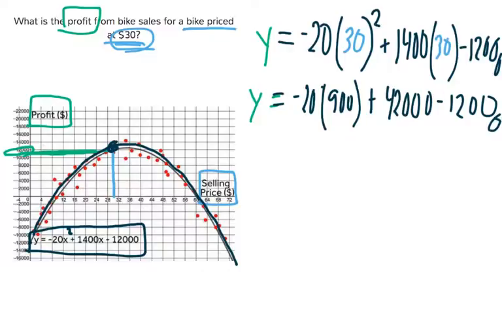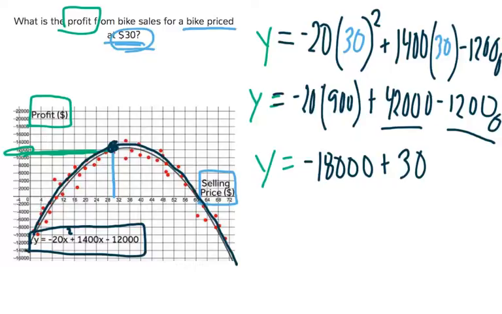And then simplifying this a little bit more, y equals negative 20 times 900, that's going to be negative 18,000 plus, let's simplify this part, 42,000 minus 12,000 is going to be 30,000.